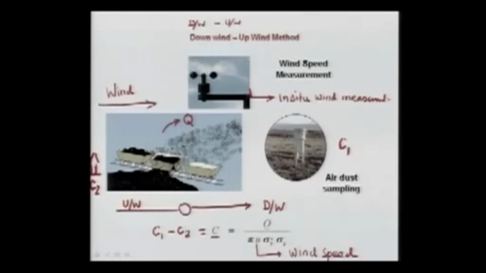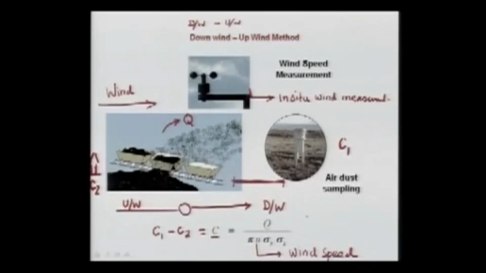and then sigma y and sigma z are the dispersion parameters that you can get from the literature, which are a function of the distance. So depending on how far your distance is that you have measured, sigma y and sigma z are the dispersion parameters.